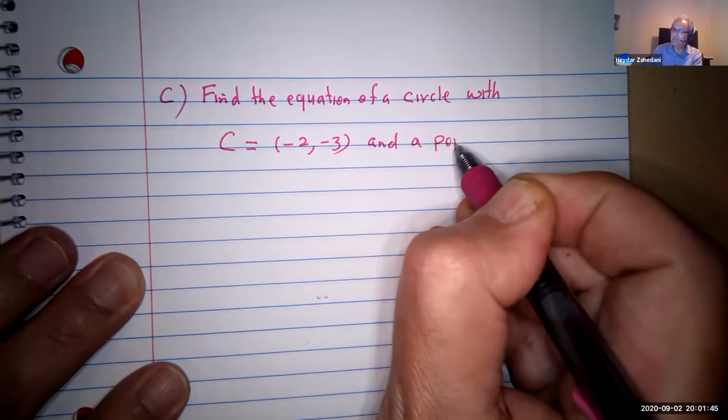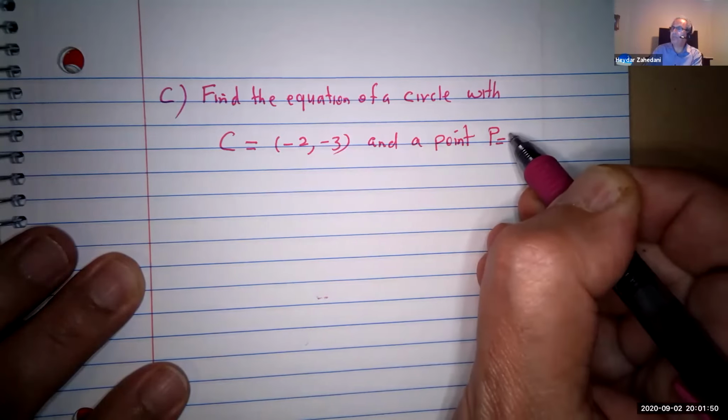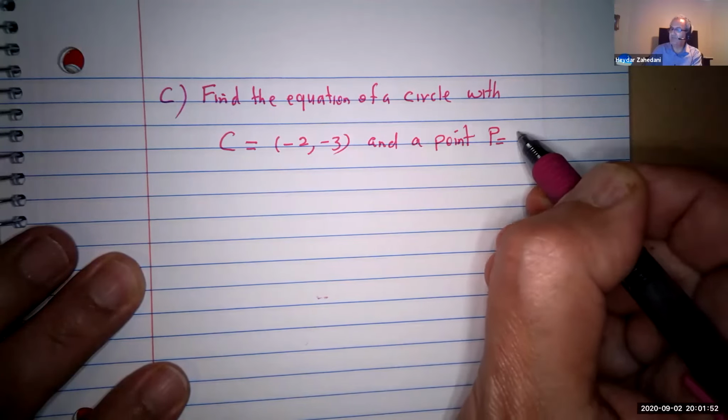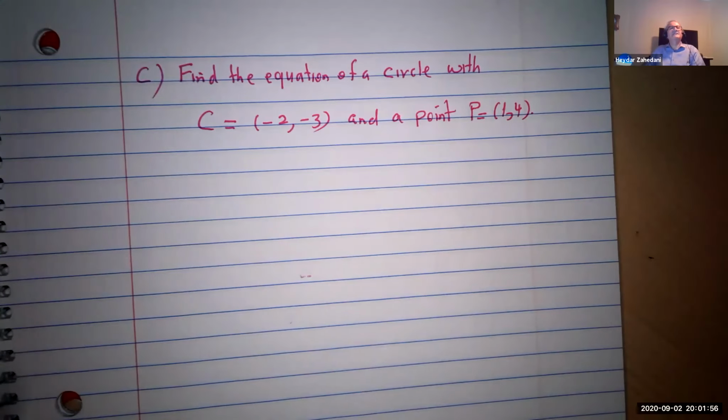I'm going to call that point P. The point P, which is 1 and 4. So that's the converse problem, if you like. Okay, center and point through the circle.